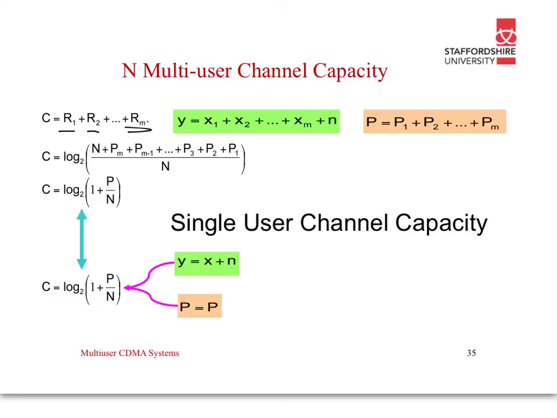So the channel capacity is at a maximum, so it's not limited by the number of users. This has no effect. So we just have C, channel capacity, is log to the base 2 of 1 plus P over N.